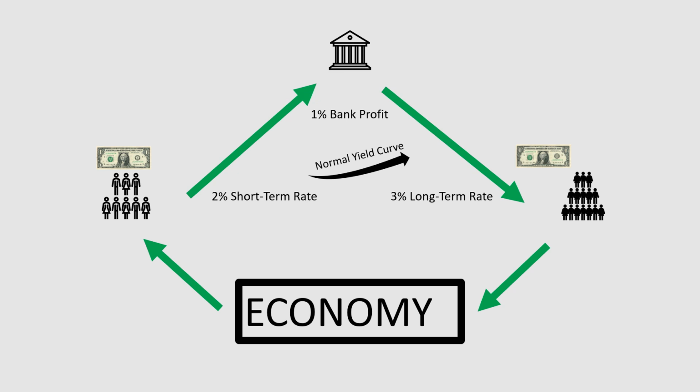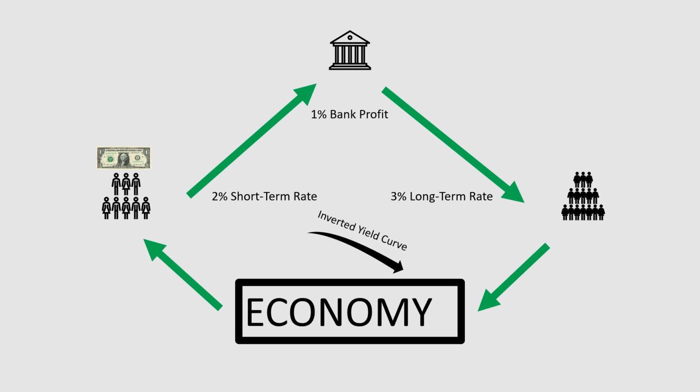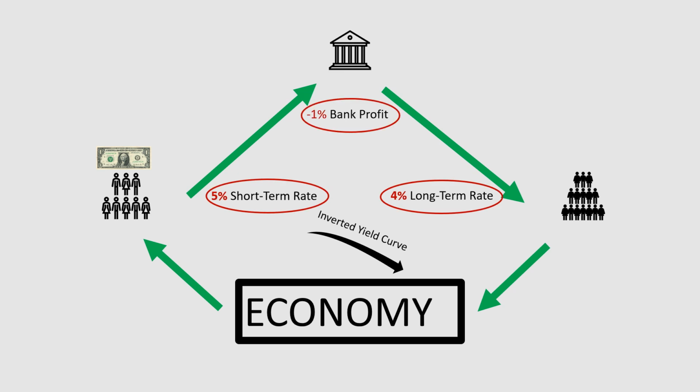This money then circulates in the economy, which creates jobs, spending, and economic growth. However, when there is an inverted yield curve, short-term interest rates are higher than long-term interest rates, which makes it harder to earn a profit this way.